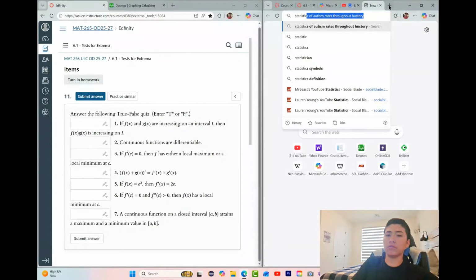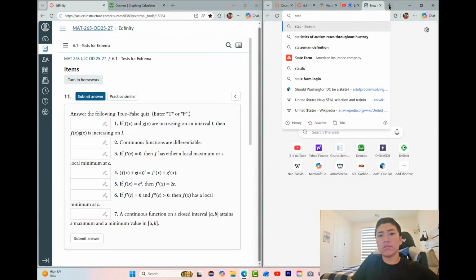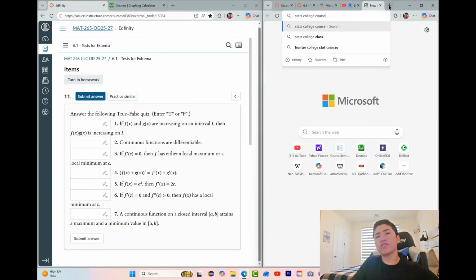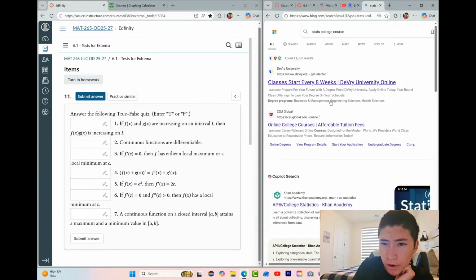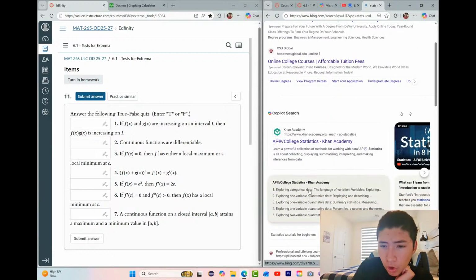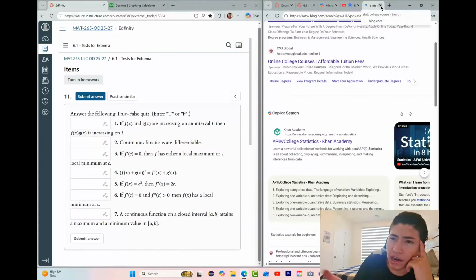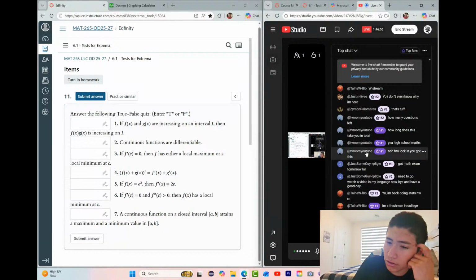What do you see in stats? It's not just statistics, it's like stats. College course. Oh, what do you see there? All right. So I guess it's more like analyzing data. ANOVA.